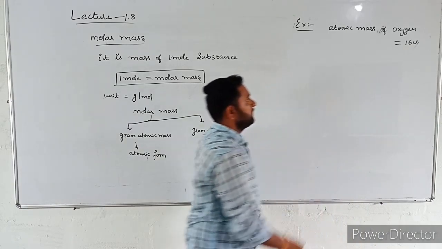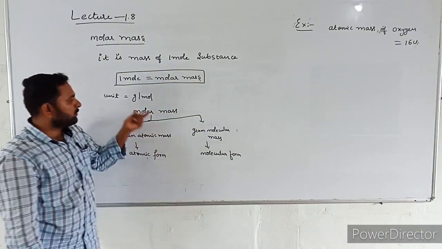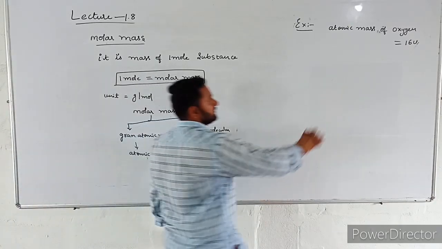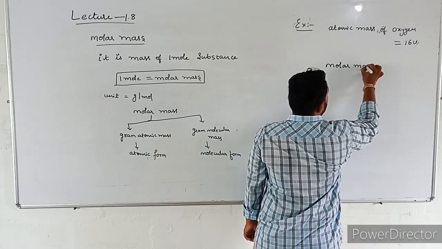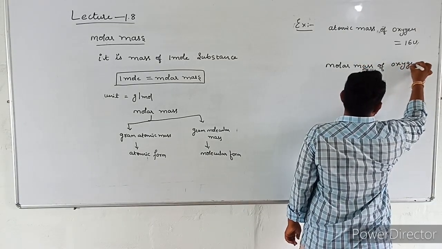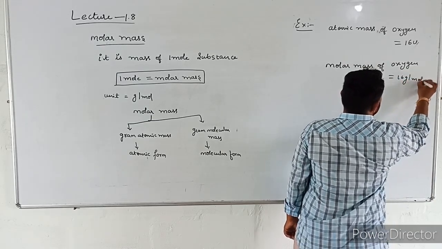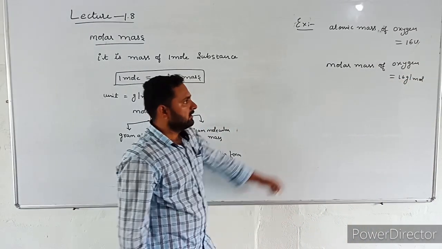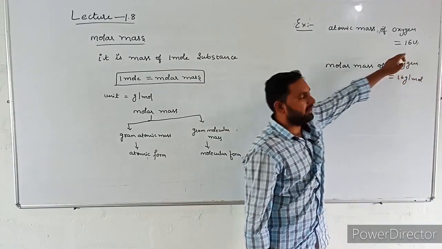The atomic mass of oxygen is 16 u. Then what is the molar mass of oxygen? The molar mass of oxygen is 16 gram per mole. See here, the numerical values are the same, but the unit is different.